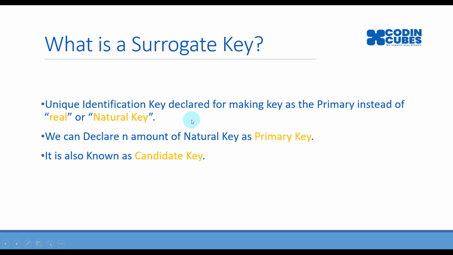So we use this surrogate key for making use of other operations over the database and declaring these keys as primary keys. We can also declare natural keys as a primary key, which are generally also known as candidate keys. So hence it proves that all surrogate keys are candidate keys.